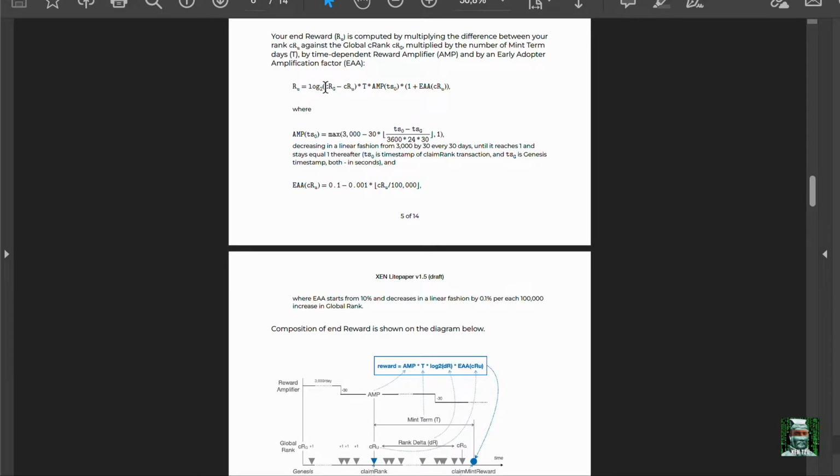And why do we make it logarithmic? Well, we make it logarithmic because this makes the whole formula become inflationary initially. And that is good because that is basically accelerating adoption. But with time, a logarithmic function like this pans out.